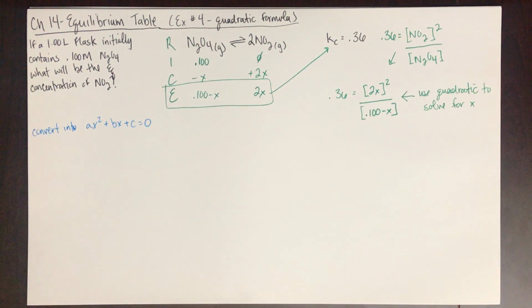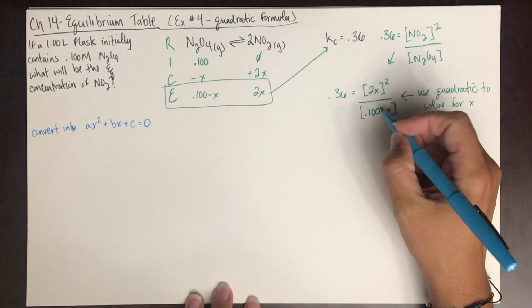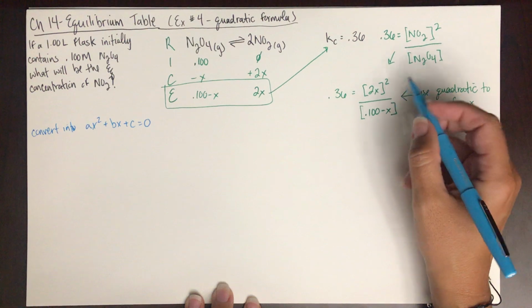Once it is in ax squared plus bx plus c form, then we'll use the quadratic formula, which is negative b plus or minus the square root of b squared minus 4ac all over 2a. We'll get to that in a second. So first things first, let's convert this into ax squared plus bx plus c.